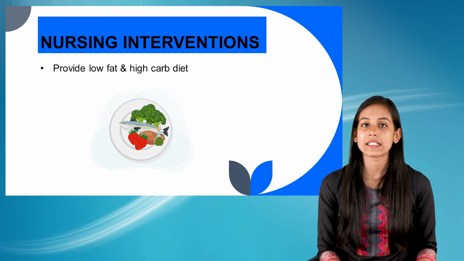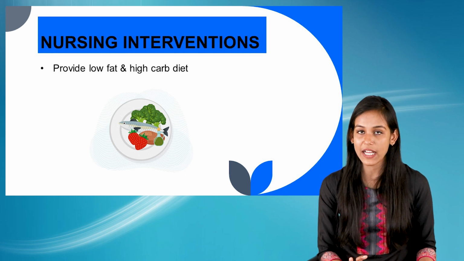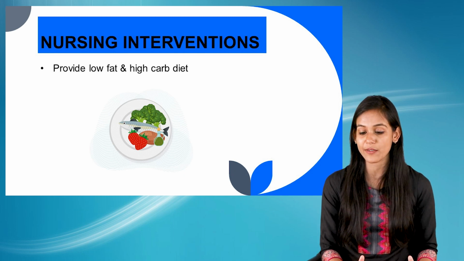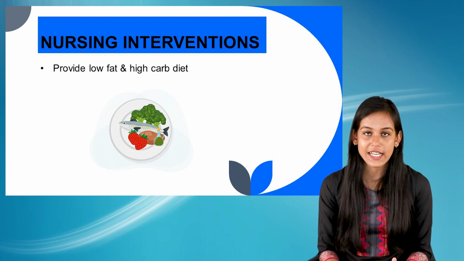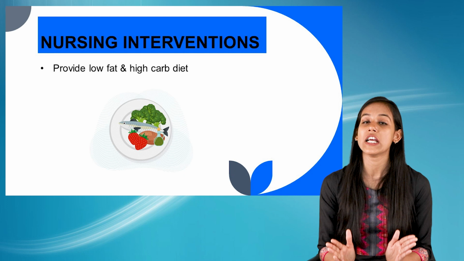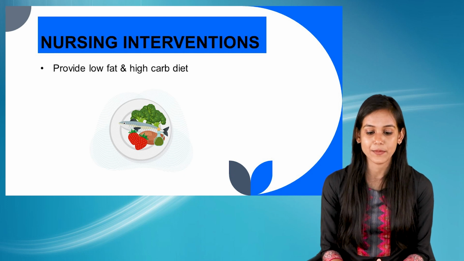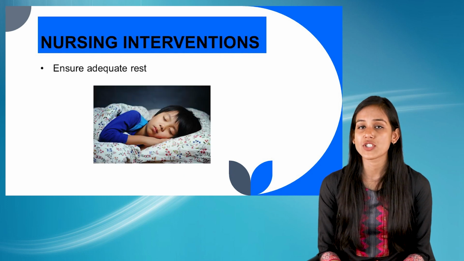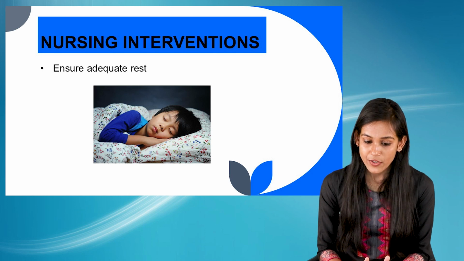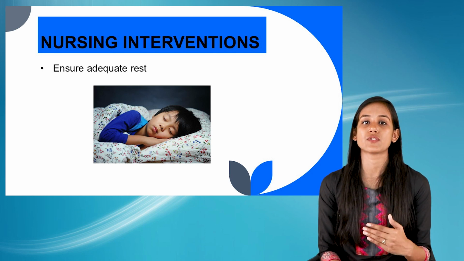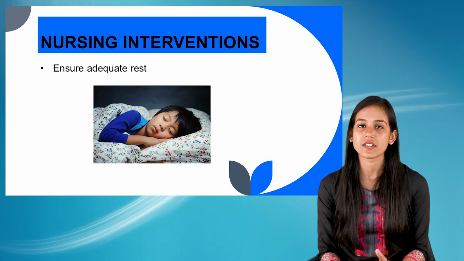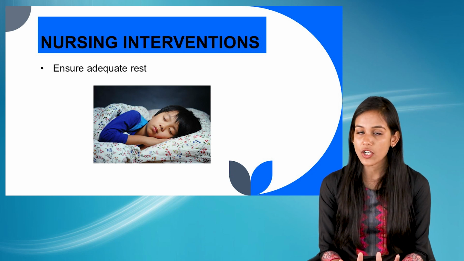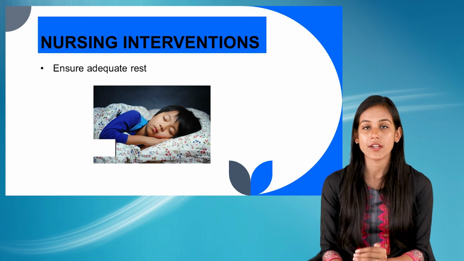In hepatitis the liver isn't producing enough bile, so there won't be breakdown of fat, and that's the reason we provide a low fat and high carb diet. Also, we have to make sure that the child is taking adequate rest, because the child will have fever, malaise, and fatigue.